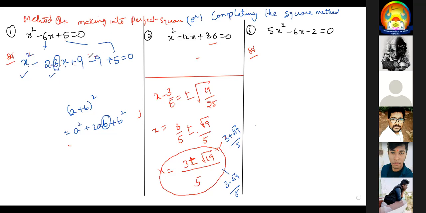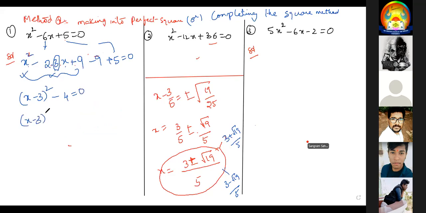Now this part can be written as x minus 3 whole square, minus 4, equal to 0. That is x minus 3 whole square is equal to 4, that is equal to 2 square.